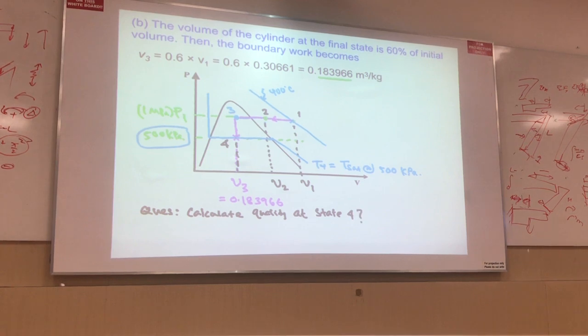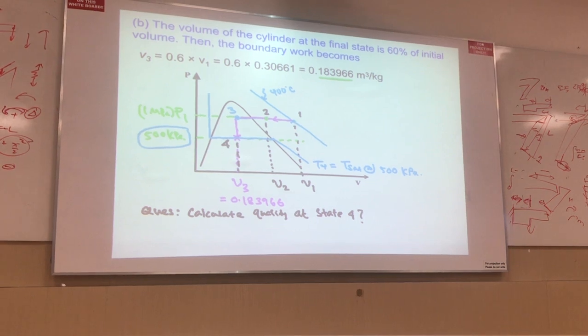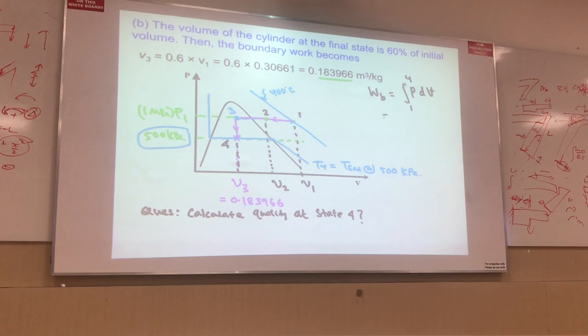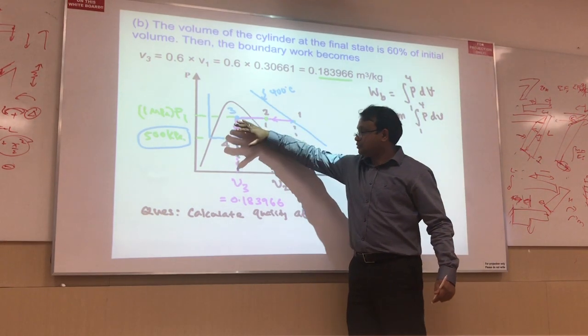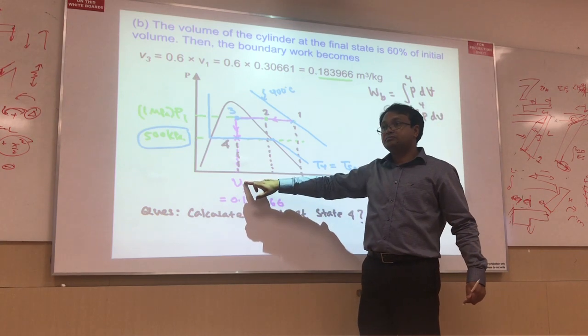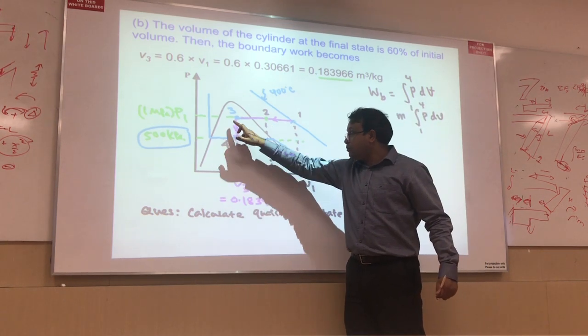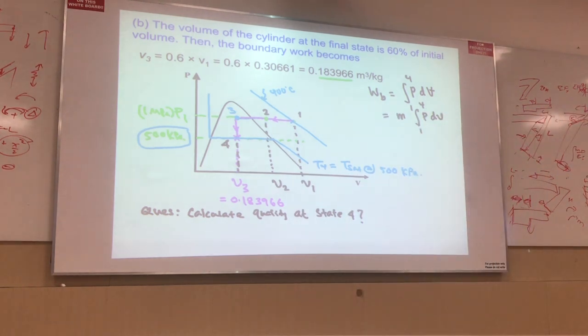Okay. So what is the boundary work when the system goes from state 1 to state 4? Tell me. What is the boundary work? WB, right? From 1 to 4, correct? PDB. Then I can write mass is constant, 1 to 4. So area under this graph, correct? V3 and V4 are same. Constant volume process. Okay, I explain again.